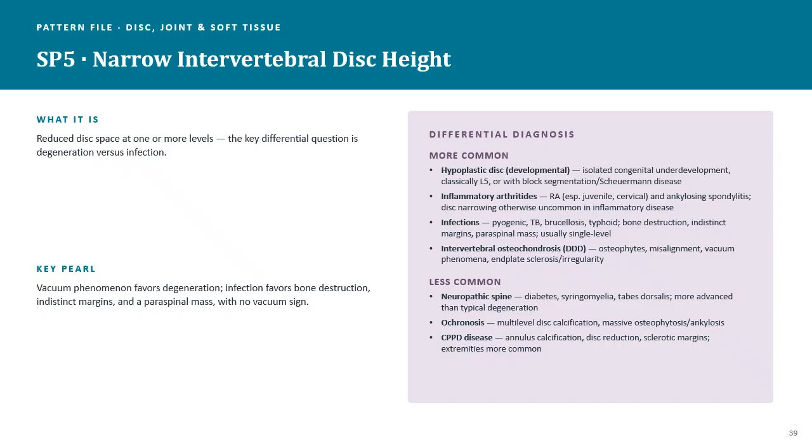So if we're seeing a narrow disc plus gas, the doctor or radiologist might start leaning toward degeneration. If they're looking at a narrow disc plus some type of destruction or irregular margin, they start to worry that the patient has some sort of infection.